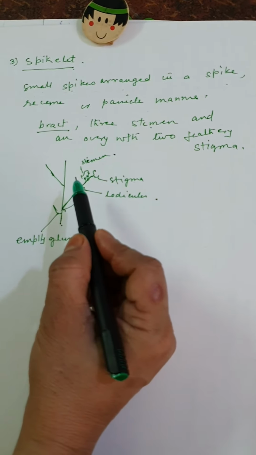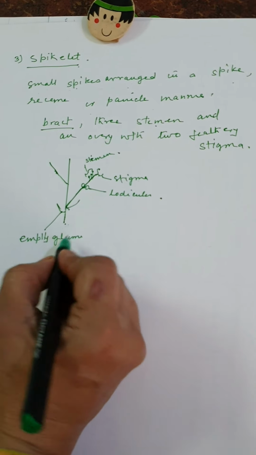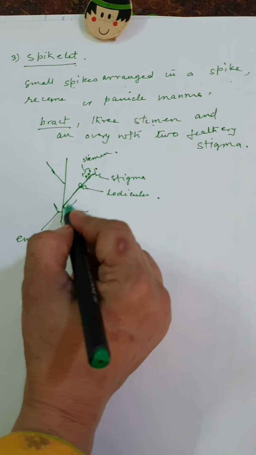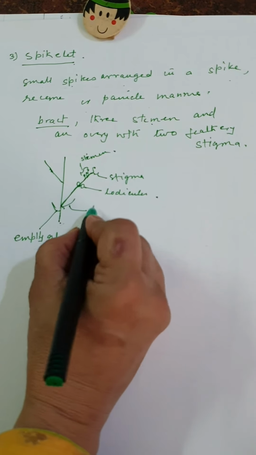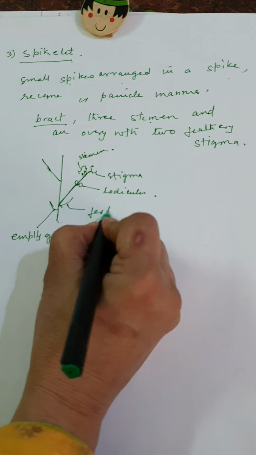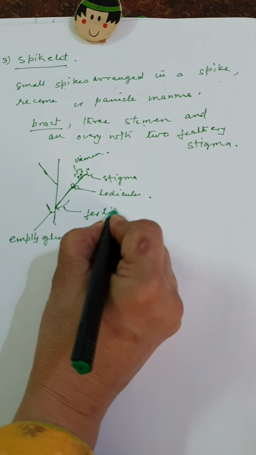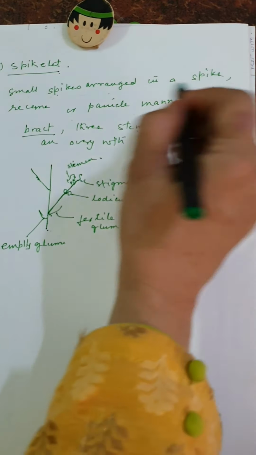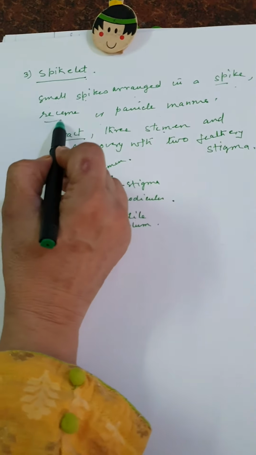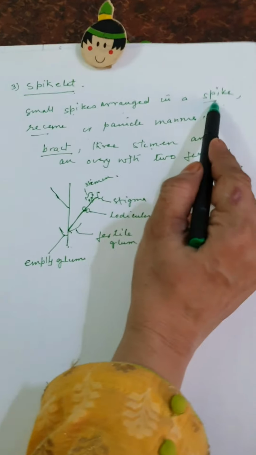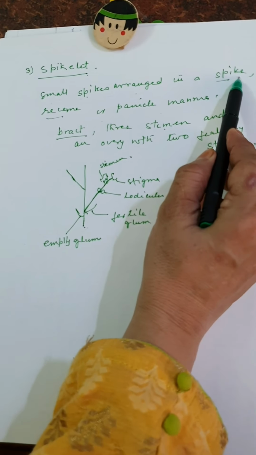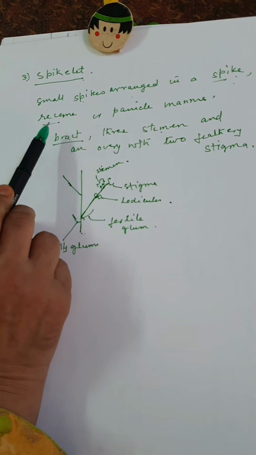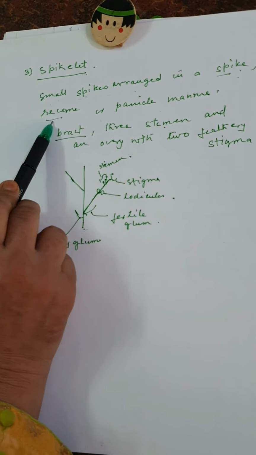It has bract and bracteole. The empty bract is known as glume, and the fertile one, in which the floral axis lies, is the fertile glume. Arranged in spike manner means the flower may be sessile without pedicel, or in raceme manner means the flower contains a pedicel.